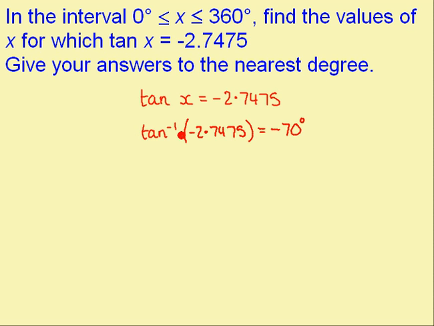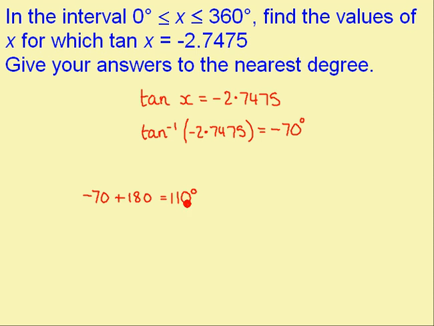So, using inverse tan, you should have found a value of x as minus 70 degrees. This isn't in our interval, so this isn't one of the answers we're allowed to write down. But remember, tan repeats itself every 180. So we can go minus 70 plus 180, and that will give us 110 degrees, and that is in our interval, so that's allowed.